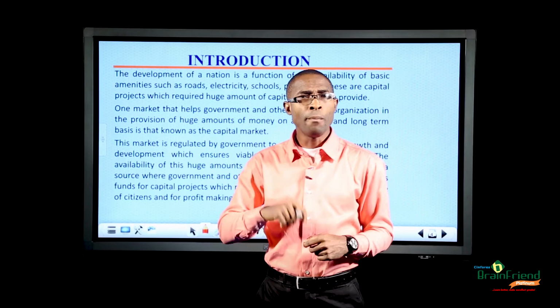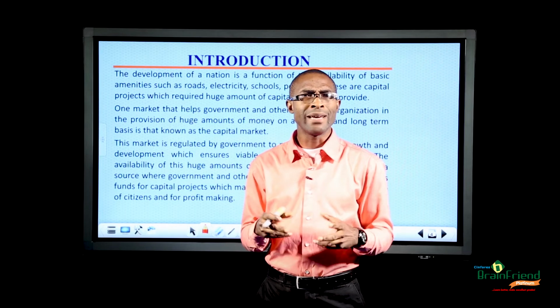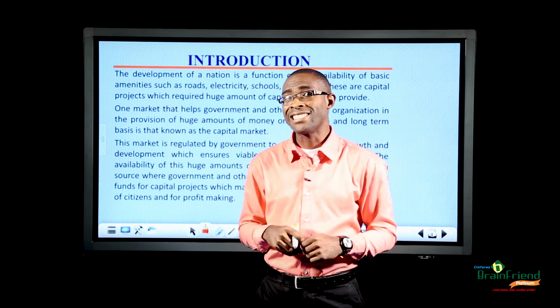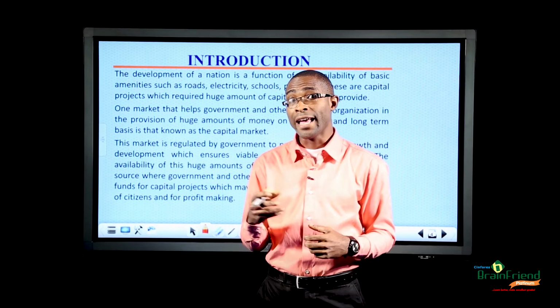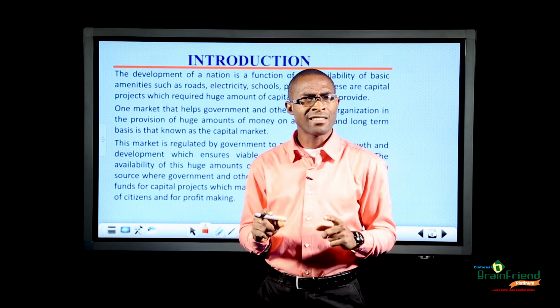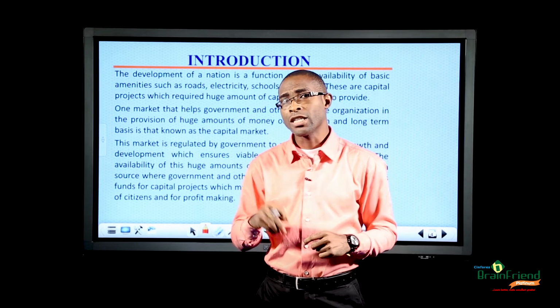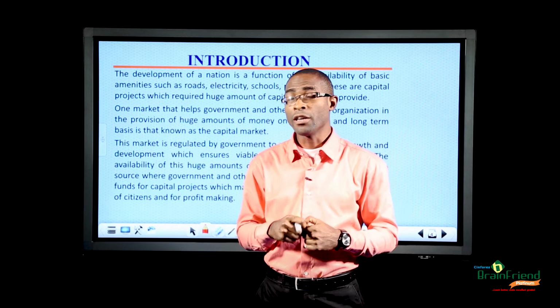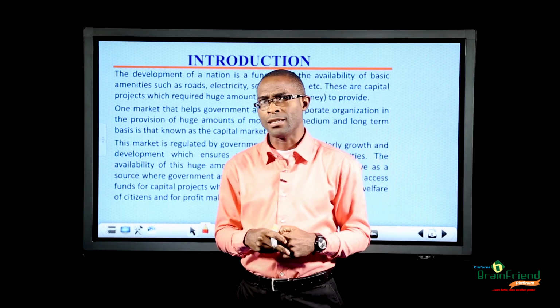The components of a developed nation depend on the basic amenities found in that nation. These amenities include good roads, potable water supply, electricity. As such, these basic amenities require huge capital to fund them. This makes it difficult for most nations to provide such amenities.